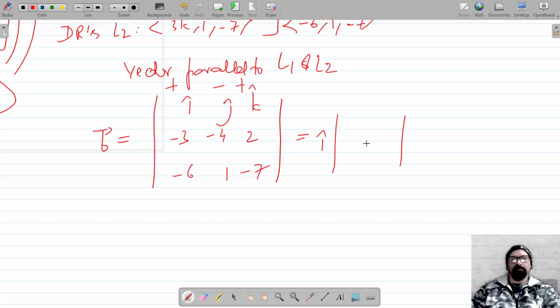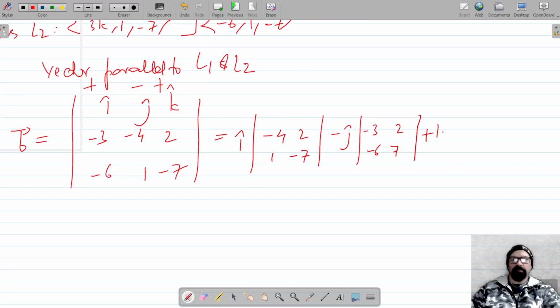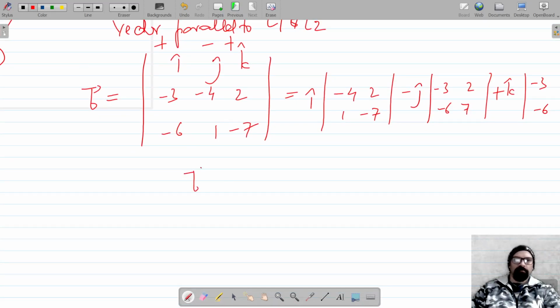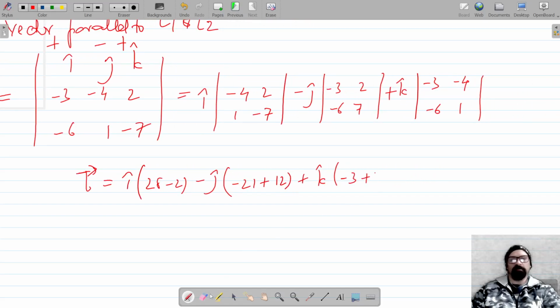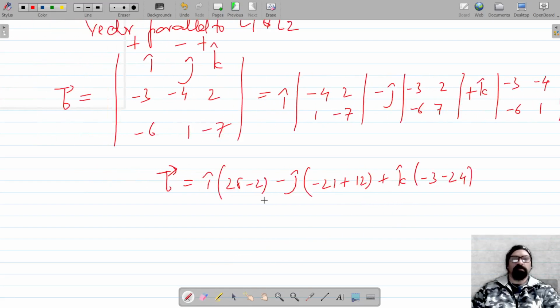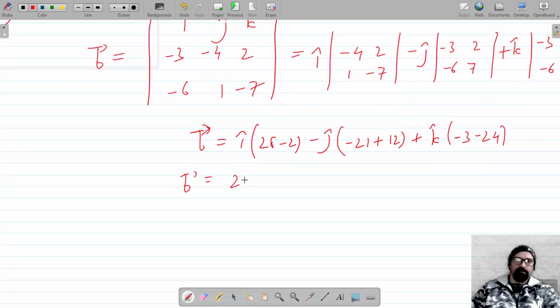So i cap into the determinant of minus 4, 2, 1, negative 7, minus j cap into the determinant of minus 3, 2, negative 6, negative 7, plus k cap into the determinant of minus 3, minus 4, negative 6, 1. Finally, the b vector is i cap into 28 minus 2, minus j cap into 21 plus 12, plus k cap into minus 3 minus 24. This gives the b vector as 26 i cap, 0 j cap, and minus 27 k cap. So this is our b vector.